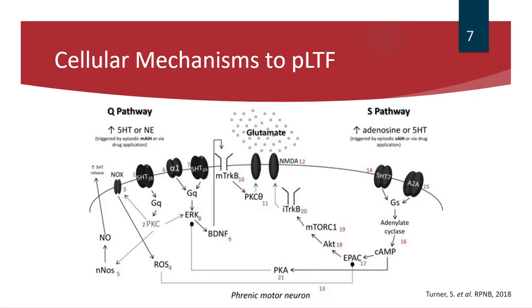And those cells have descending projections down into the spinal cord. And so as you reduce the level of oxygen, you increase serotonin release into the spinal cord. And it's this episodic nature of that release that you get with acute intermittent hypoxia that causes this cascade of events to happen, leading to phrenic long-term facilitation.